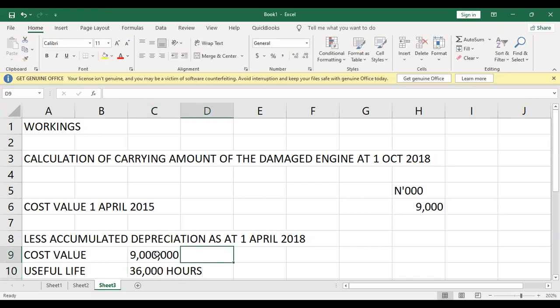So we divide them. 9 million divided by 36,000 hours, we have $250, multiplied by 10,000 hours that was used. So out of the 36,000 hours, you've used 10,000 hours.